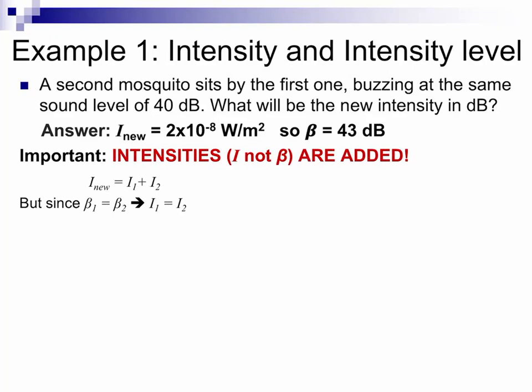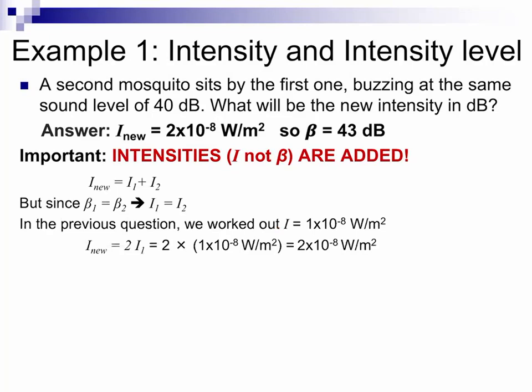If it's the same intensity level, that implies that the intensity will be the same, I1 is equal to I2. And we worked out that the intensity of one mosquito is 1 times 10 to the minus 8 in the previous question. So if you have two mosquitoes, the new intensity will be twice the intensity of a single mosquito. And once you have the intensity for both mosquitoes, that's when you convert that to decibels.